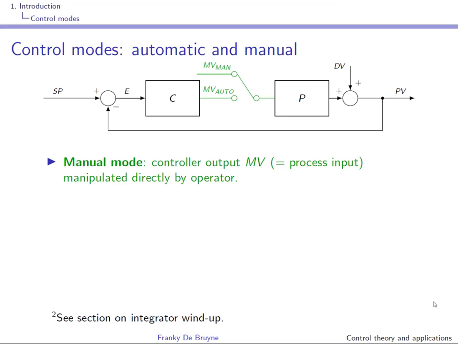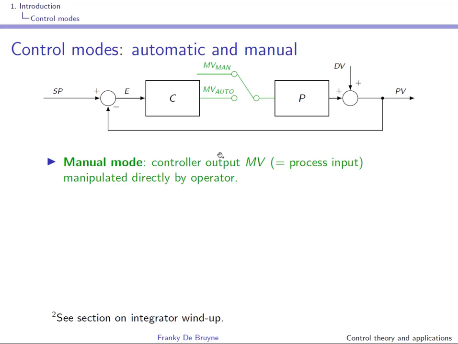There are several control modes associated with the controller, and as I said before, this controller will very often be simply a PI or PID controller. The first choice that you have is to put this controller in automatic or in manual mode. In manual mode, the controller output MV is directly manipulated by the operator.